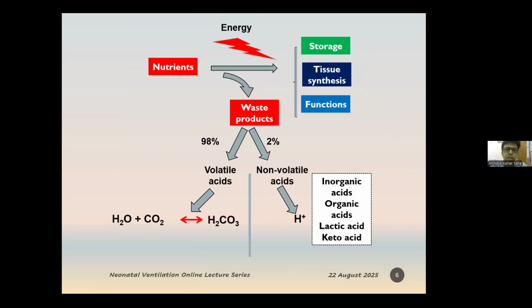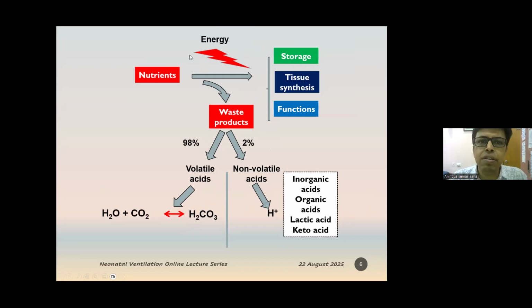So let us see how acids are produced in our body. We take nutrients and energy is synthesized, which is required for tissue synthesis and function of the body, and storage.